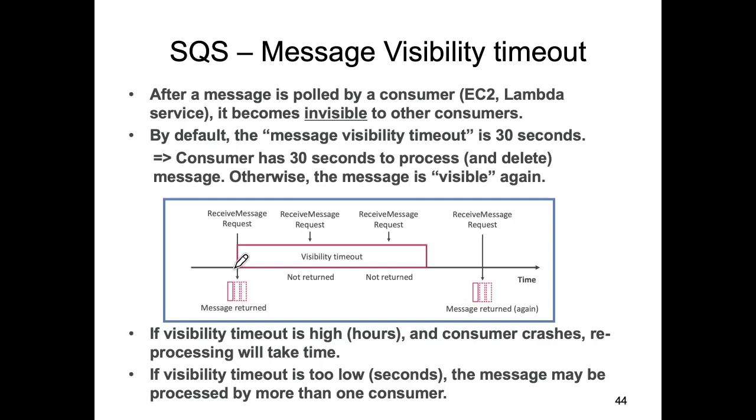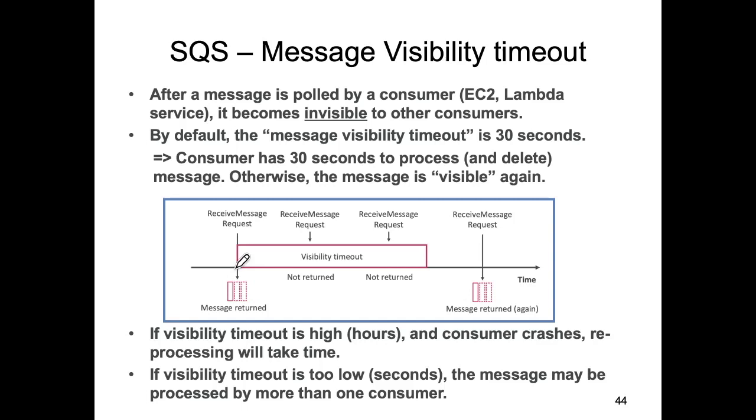And the purpose of that visibility timer is to prevent any other consumer which may poll the SQS service in the meantime, asking it for messages. It prevents SQS from passing those same messages to that second consumer for that visibility timeout period.